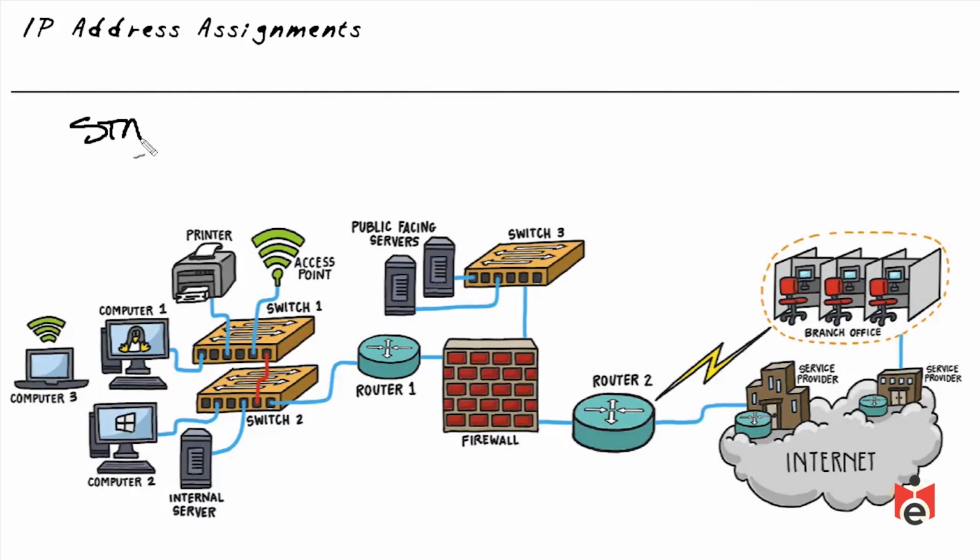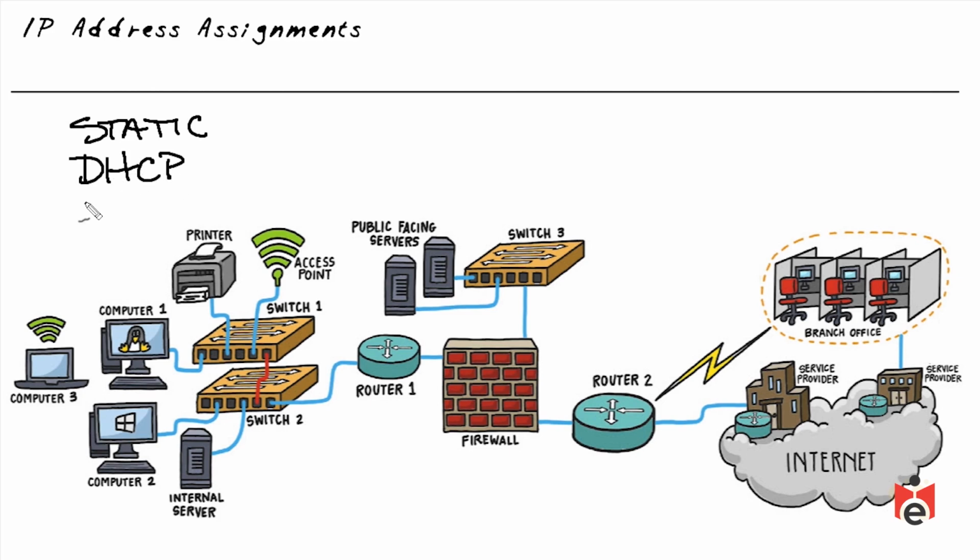And once we identify and plan for what our subnets are going to be on the networks, we can then apply the IP addresses. And there's several options. We can do it statically, and we just manually hard code the IP address that we want that device to use. However, that's fairly tedious if you have lots and lots of systems. So a dynamic option for assigning IP addresses is DHCP, the Dynamic Host Configuration Protocol.